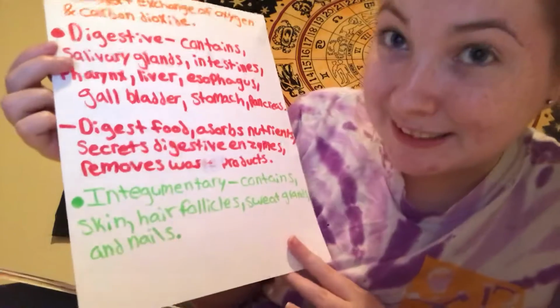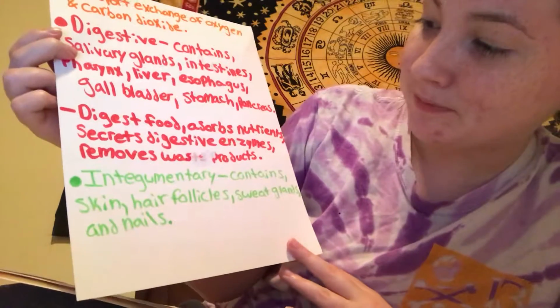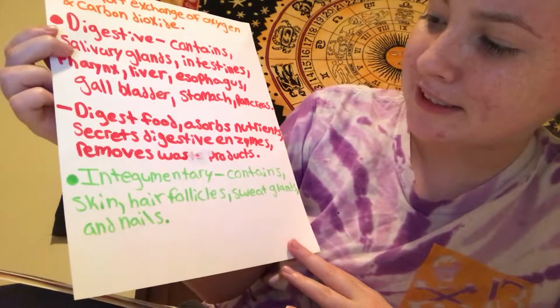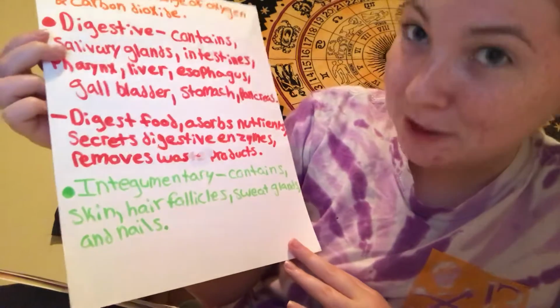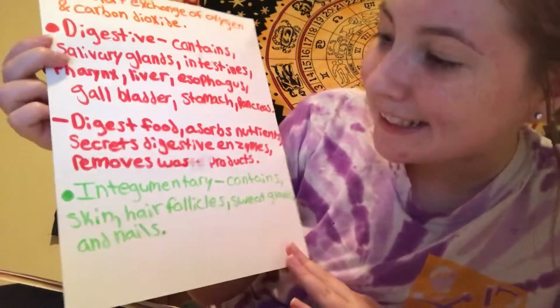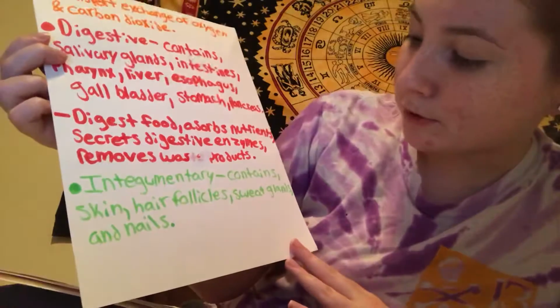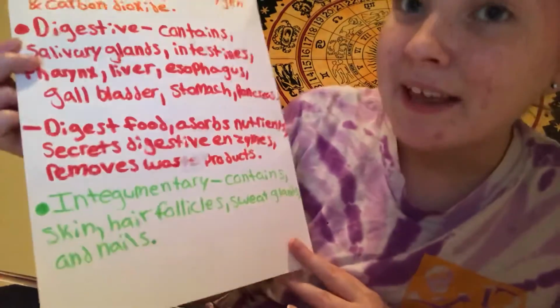The very next system is the integumentary system, which contains skin, hair follicles, sweat glands, and the nails.